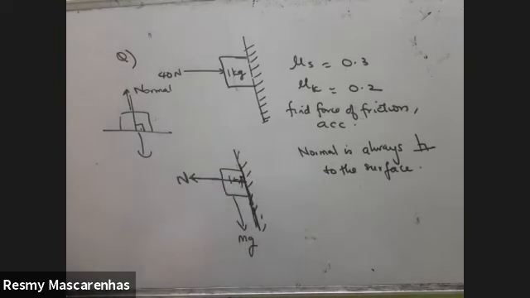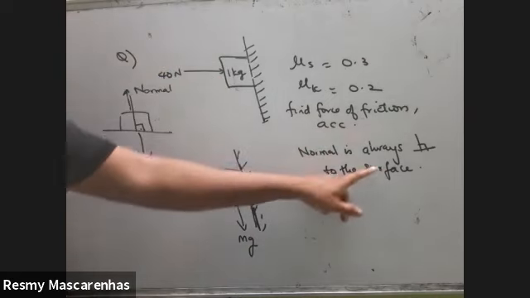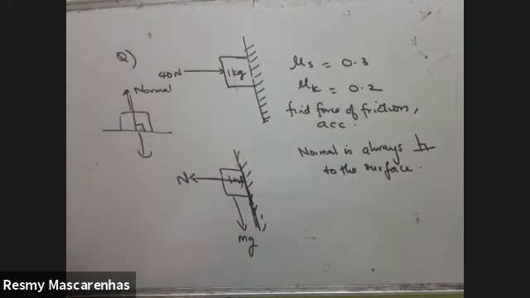Always perpendicular to this side. So remember, anytime you have a block like this, you have to always draw the normal perpendicular to the surface of contact. Earlier it was okay because coincidentally it was exactly opposite to mg, which acts vertically downwards. But in this case, they will not be opposite.